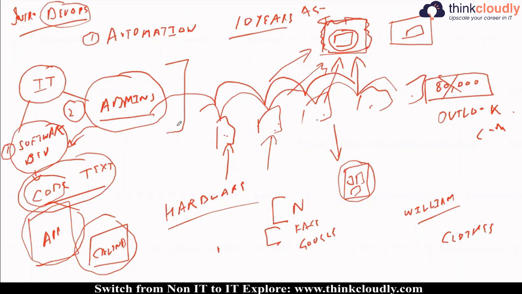So software developers are responsible to write the code, and administrators are responsible to maintain the servers and see whether the server health is good, whether servers are up and running or not, whether there is damage or not. And if the servers are running well, they will go and deploy the new code handed over by software developers, one by one on 80,000 servers.